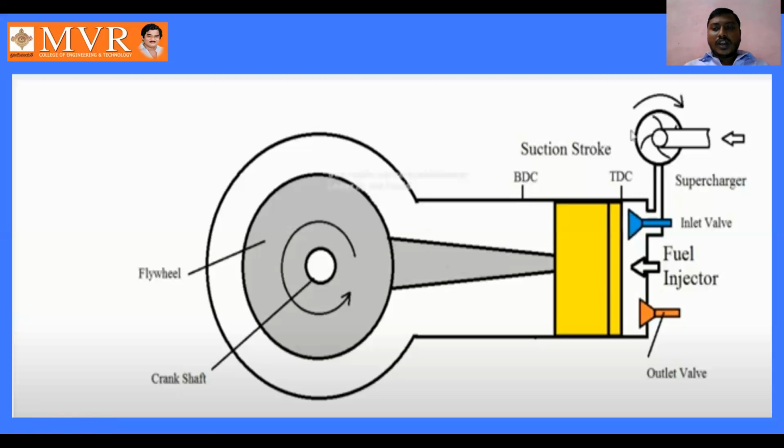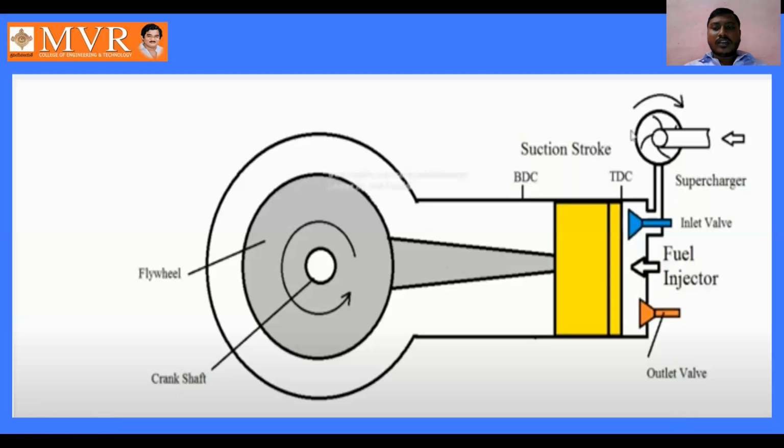We know that when the inlet valve opens, air enters the engine cylinder, and at that time the supercharger also forces pressurized air into the cylinder. As it does, the output and efficiency of the engine increase. Since we are studying CI engines, here we need the fuel injector for injecting and atomizing the fuel into the engine cylinder for complete combustion.